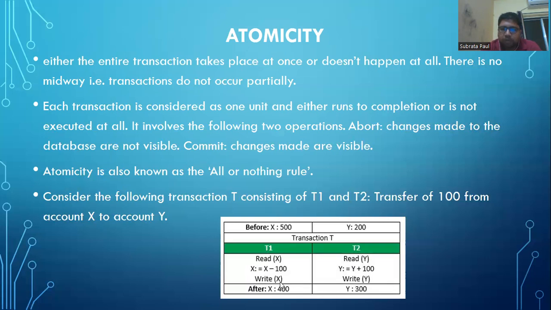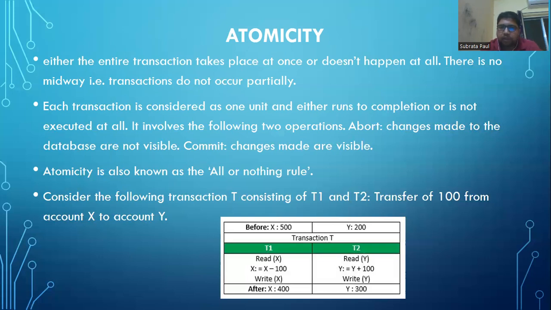After the write operation is completed, the transaction that has occurred successfully is reflected in the database, and we see that the account balance of X is 400, that is, 100 is debited, whereas 100 has been credited for Y. Previously it was 200, now it is 300.